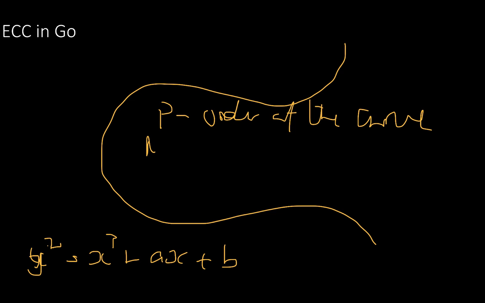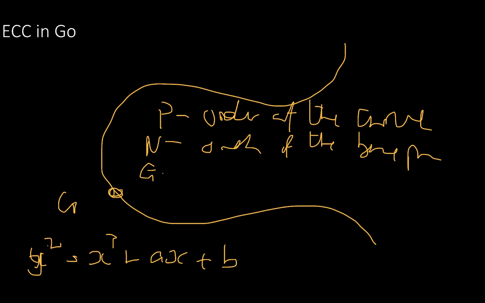We then have n, which is the order of the base points. Okay, so we have a point G, and we have a G of X and G of Y, which is our base point on the elliptic curve.